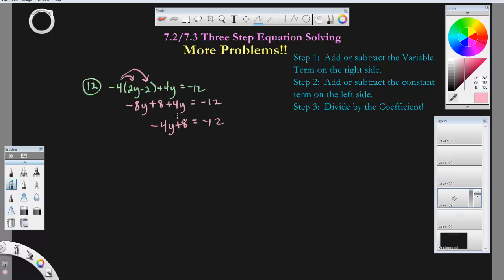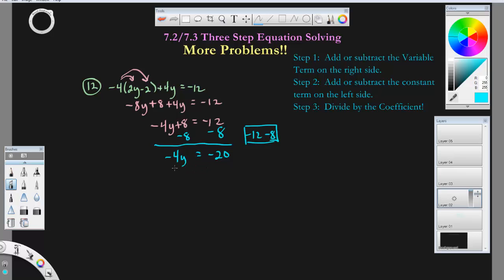So I'm going to subtract 8 from both sides because it says plus 8. Trying to keep my equal signs lined up there. I got a little out of whack there, but whatever. Negative 4y equals negative 20. And again, that's just negative 12 minus 8 there. Another flashcard type problem.